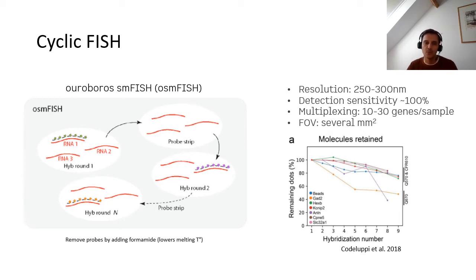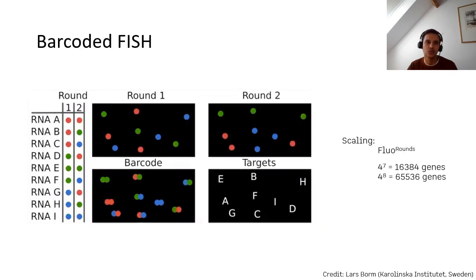The way people try to circumvent this is by going into barcoded FISH. In barcoded FISH, you probe the same target over and over again, but with different sets of fluorophores. This allows you to generate barcodes up front in the way you design the probes and which fluorophores to attach them to.